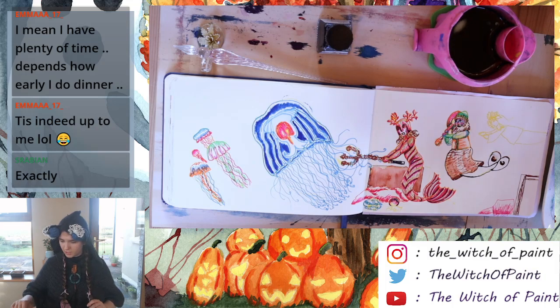We are not messing this up now. I need a smaller brush. Let's take this smaller brush.